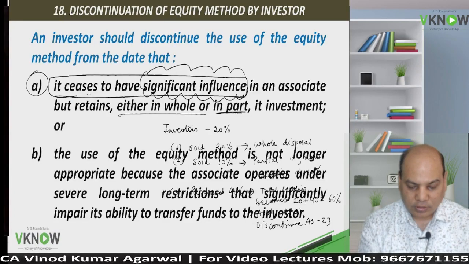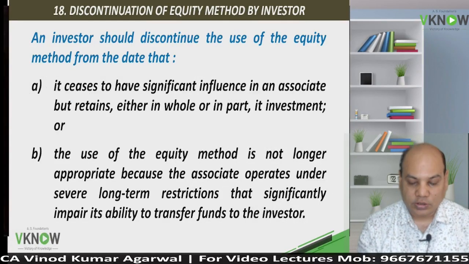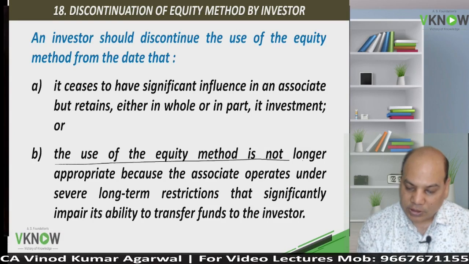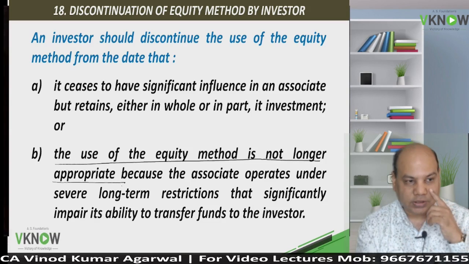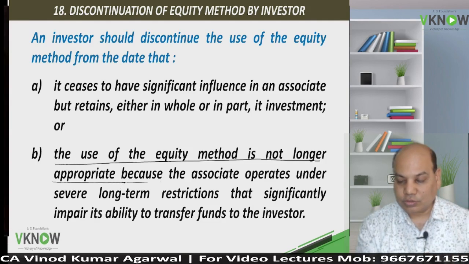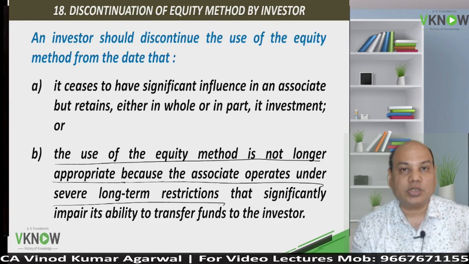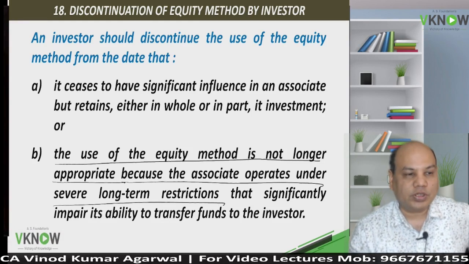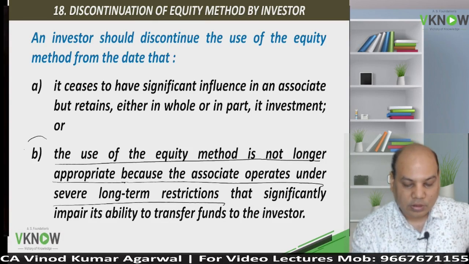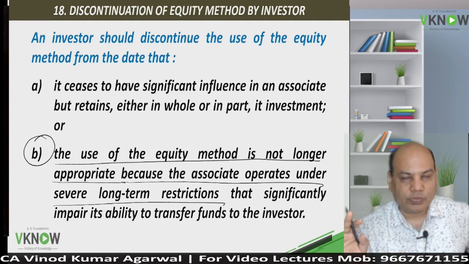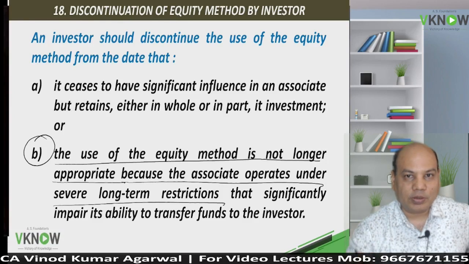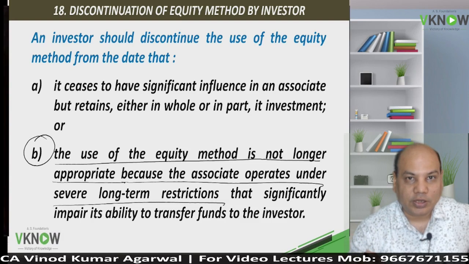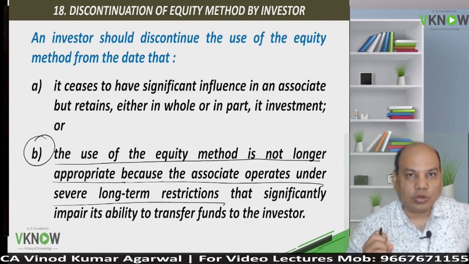The second reason for discontinuing is that the use of the equity method is no longer appropriate. You had an associate in Afghanistan, but now the associate operates under severe long-term restriction. Initially Afghanistan was peaceful, no problem, and you were applying AS23, but suddenly the Taliban took control of the government.